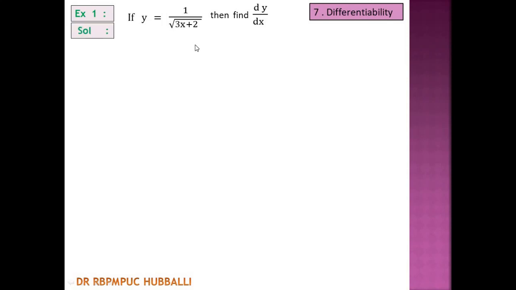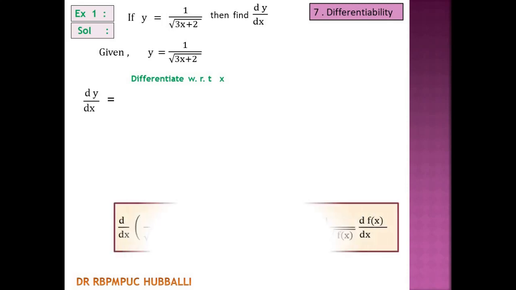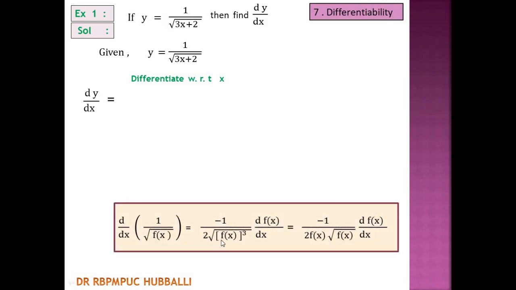You know the method of writing. Always first start by writing the given y is equal to the function, 1 upon root 3x plus 2. Then write, differentiate with respect to x. So dy by dx is equal to, recall that formula: minus 1 by 2 root of function whole cube, and then d by dx of the function.